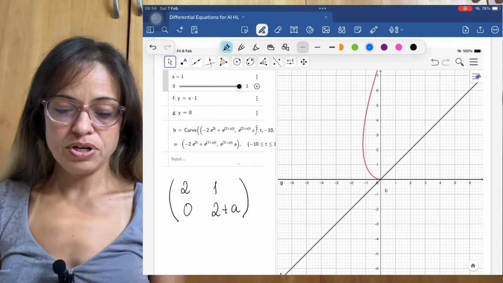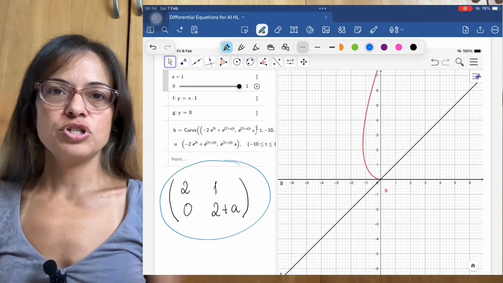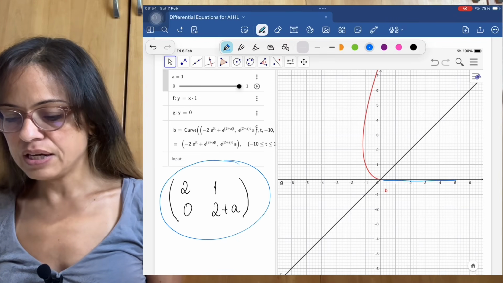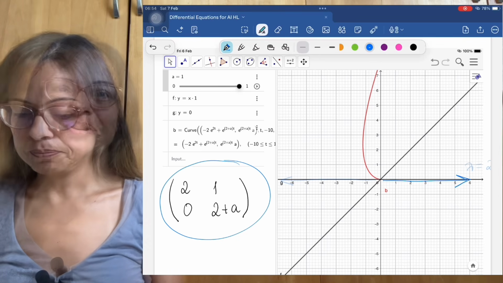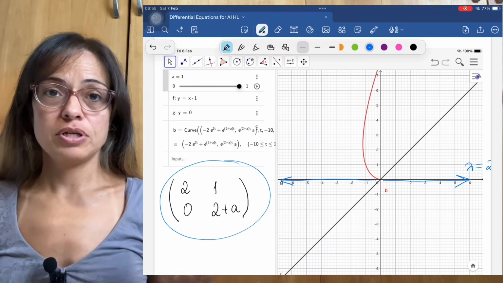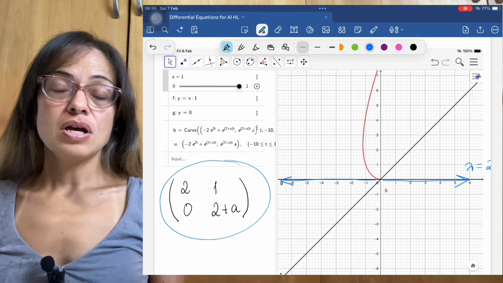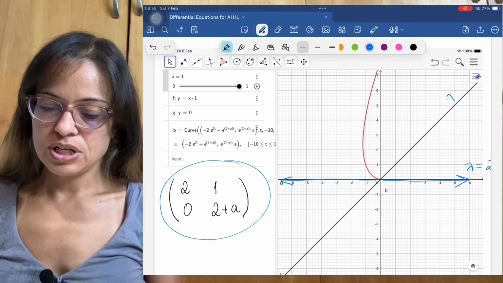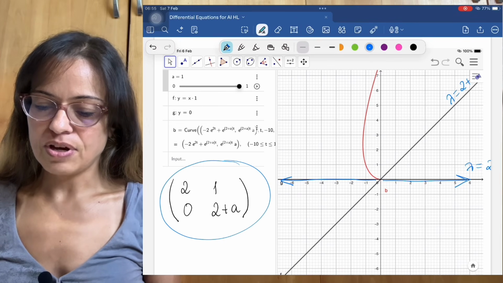So the example here is this matrix, in which one of the eigenvalues is always 2, with the eigenvector pointing this way, well, both ways, right? To the right and to the left, going outside because 2 is a positive number. And the other eigenvalue of this matrix is 2 plus a, which is giving us this other eigenvector here.